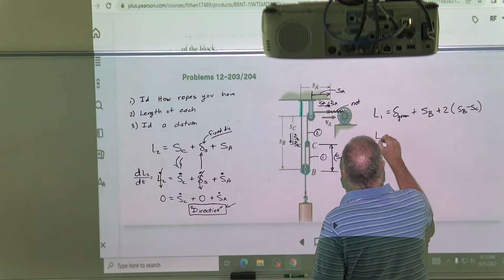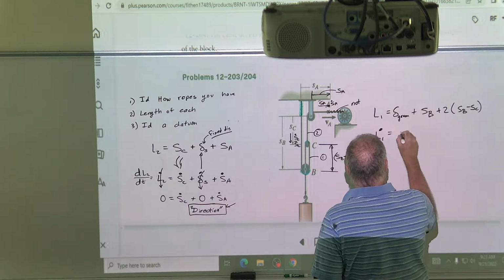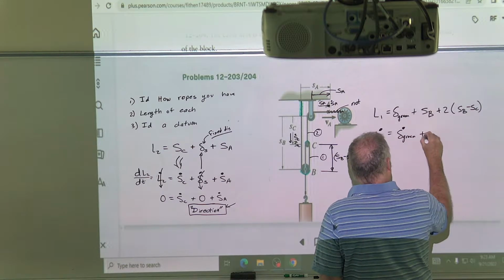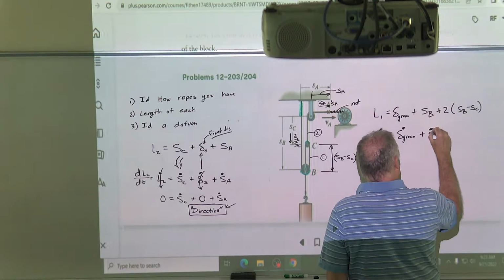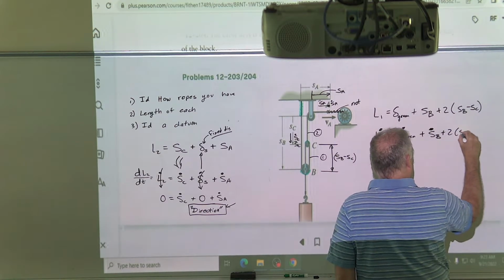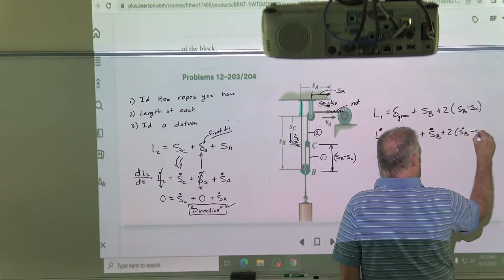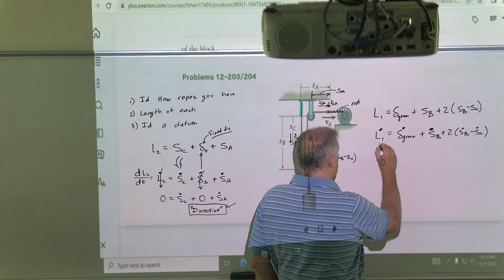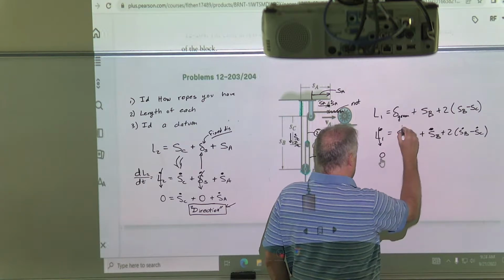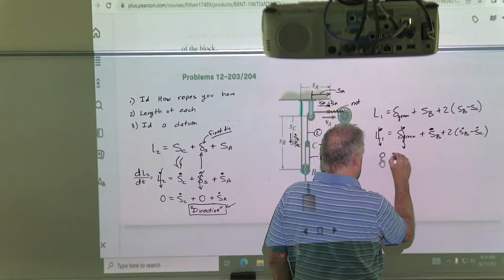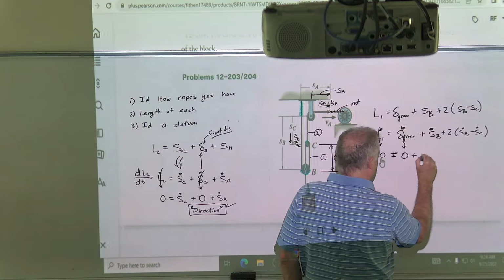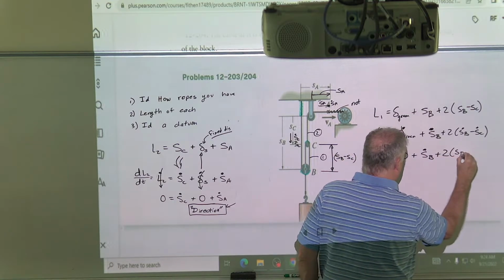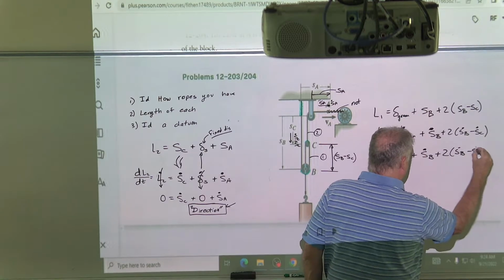So then you just go in and take the time derivative of it, plus 2 times SB minus SC, and what you get is this one will give you 0, that one will give you 0, plus SB dot plus 2 times SB dot minus SC dot.